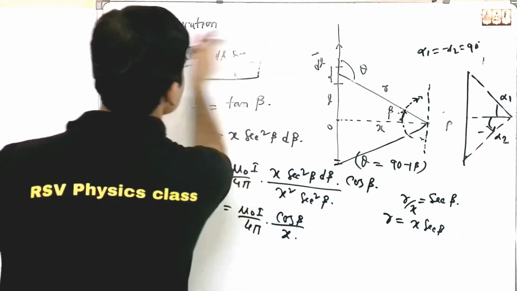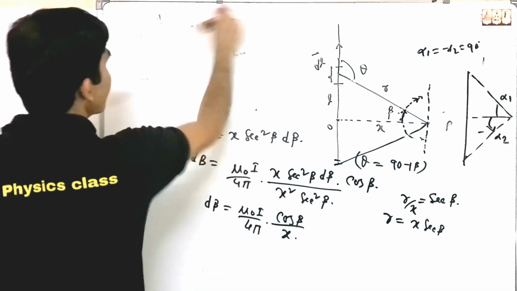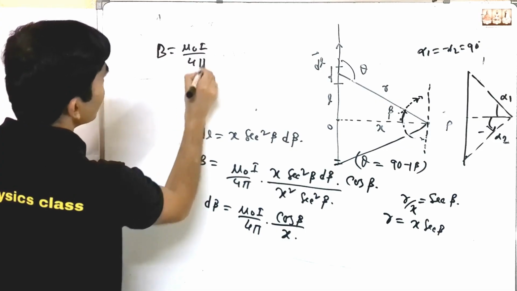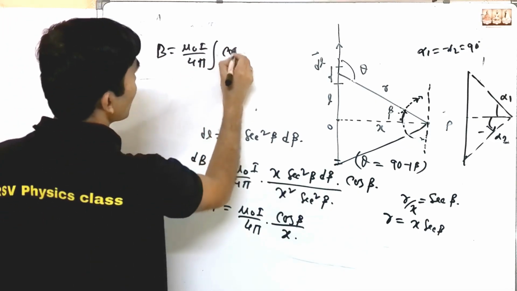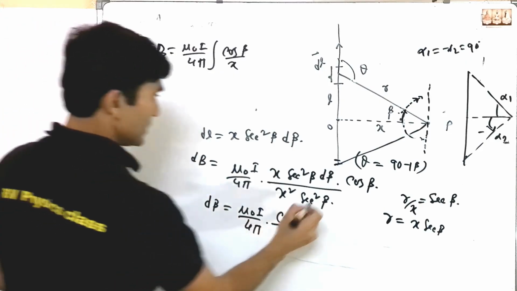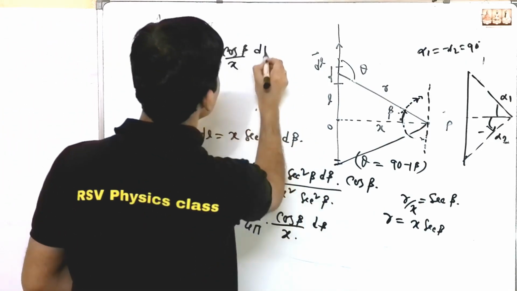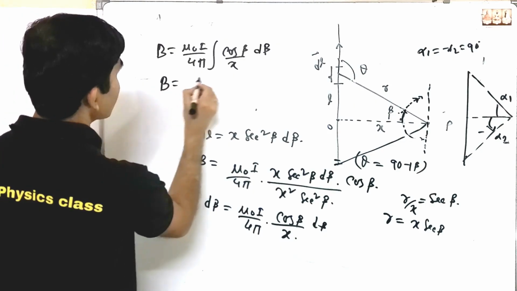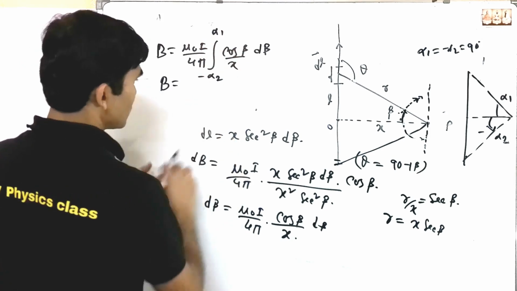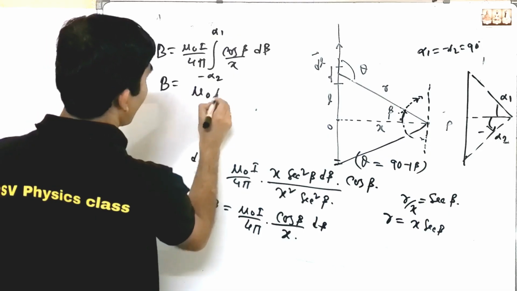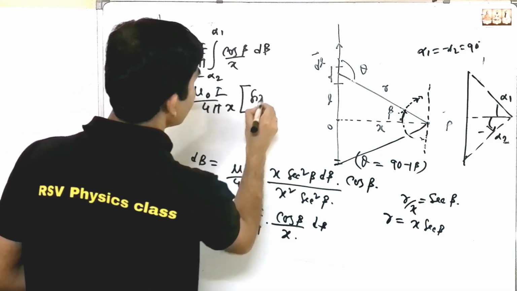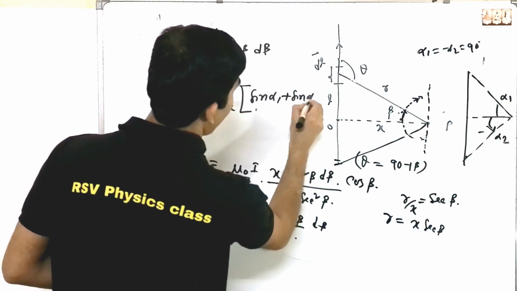So now let's see here. B equals mu 0 I over 4 pi, integration of cos beta by x, x is below, and d beta is also here. So B equals, and this is minus alpha 2, this alpha 1, so B equals how much? mu 0 I over 4 pi x, below, sin alpha 1 plus sin alpha 2.